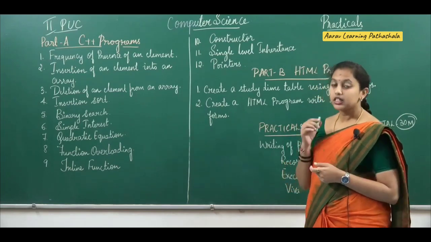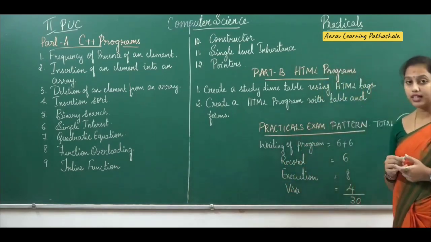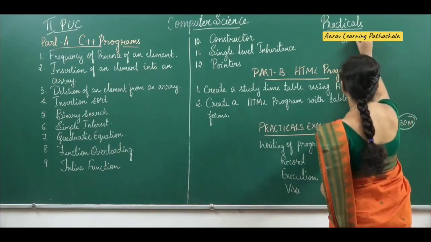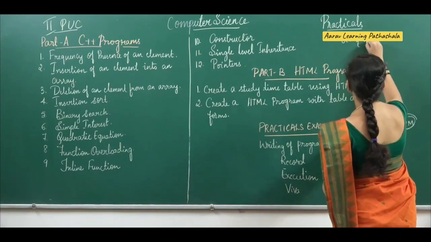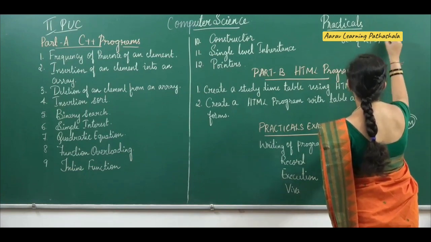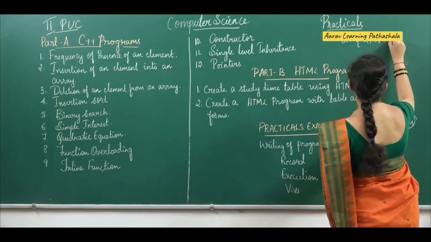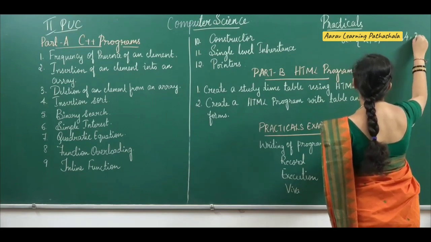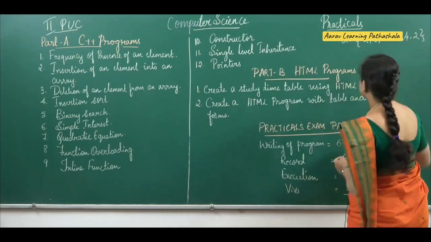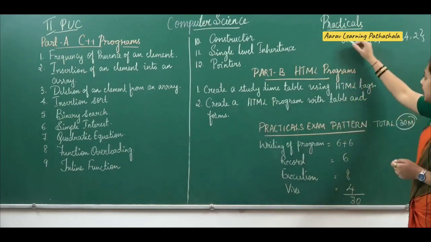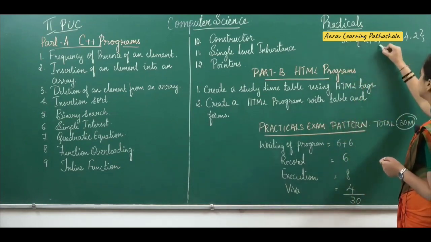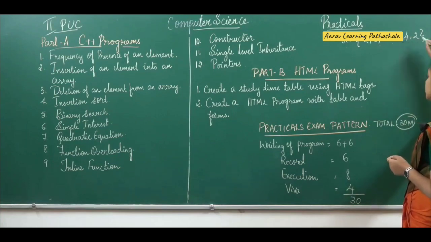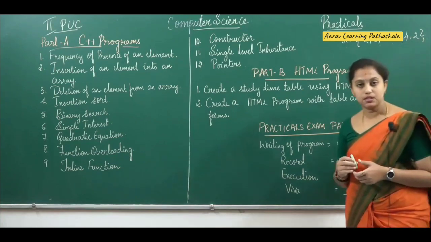Consider an array that contains 2, 3, 1, 5, 2, 4 and 2. So this array A contains 2, 3, 1, 5, 2, 4 and 2 as its array elements.